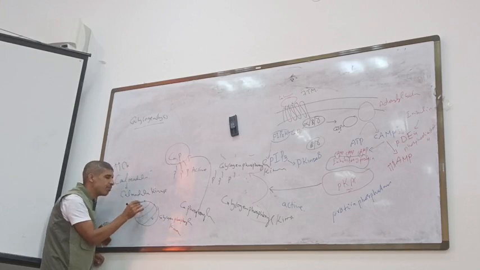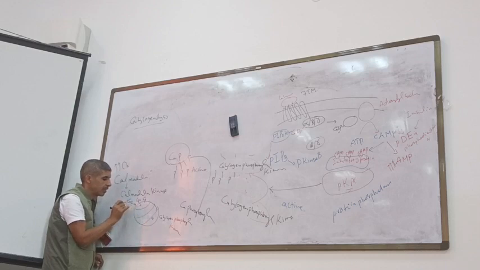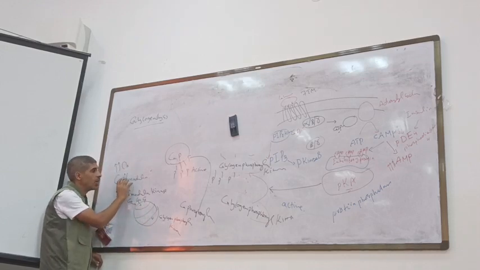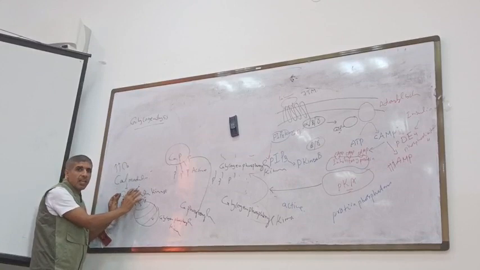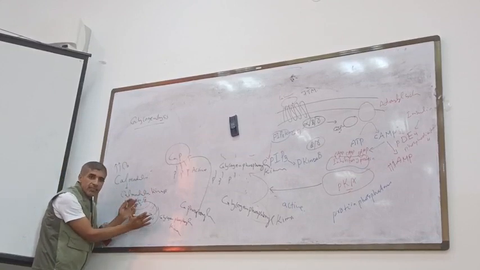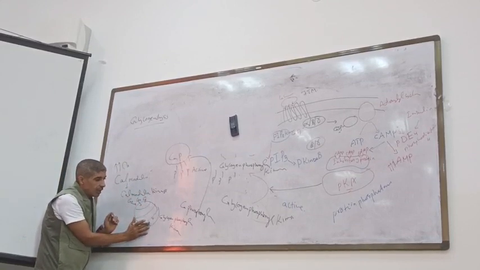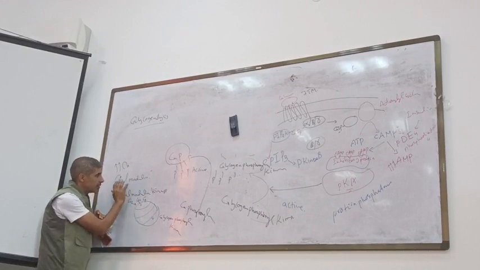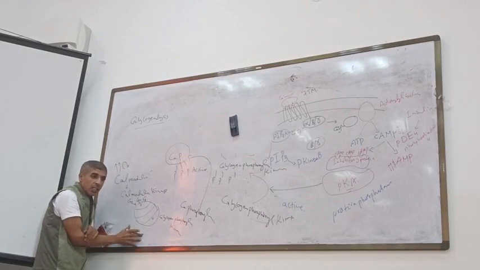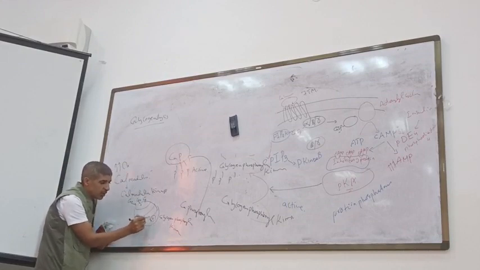So when calcium binds, calmodulin will activate calmodulin kinase at the 4th subunit.